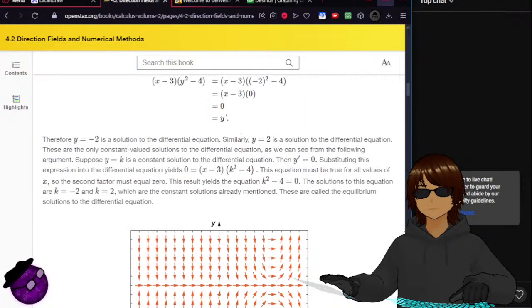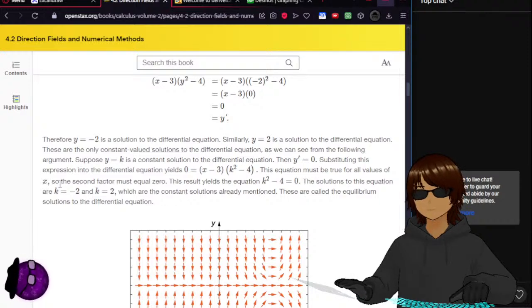As we can see from the following argument, suppose y is equal to k is a constant solution to the differential equation, then the derivative of y is 0. Substituting this into the expression yields 0 is equal to x minus 3 times k square minus 4. This equation must be true for all values of x, so the second factor must equal 0.